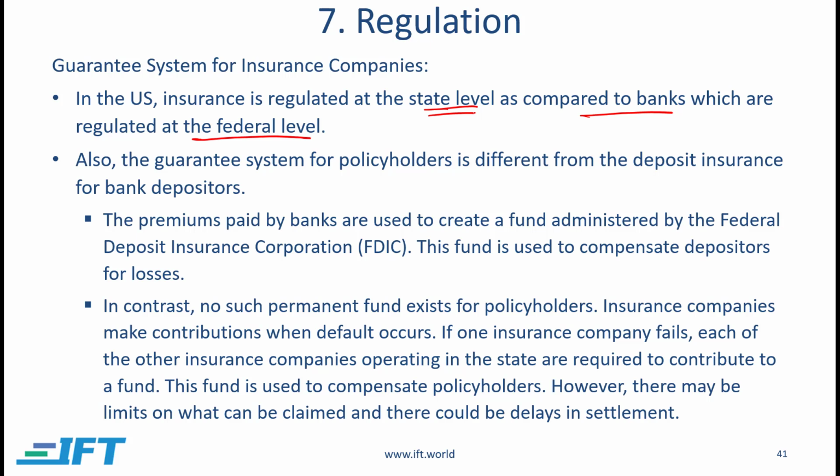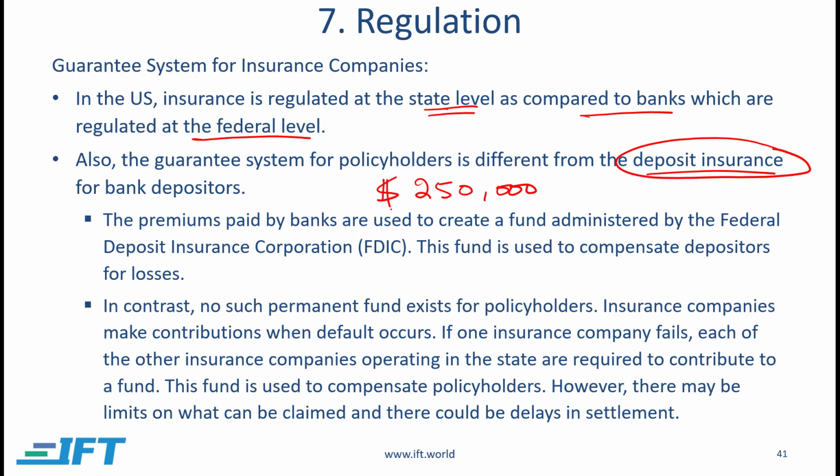Remember that we talked about regarding banks that they have an insurance for the deposit, and it was, if you remember, $250,000 per account is guaranteed in case the bank goes bankrupt. Your deposit is guaranteed to the amount of $250,000.